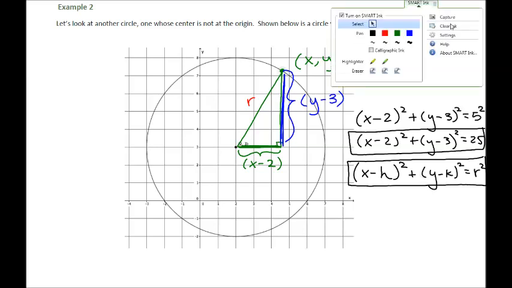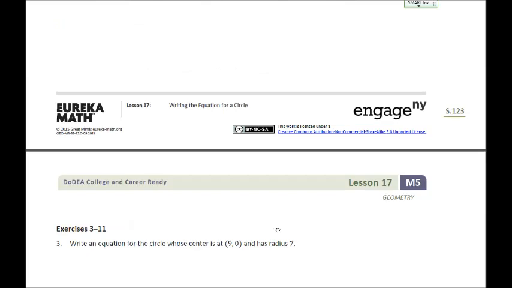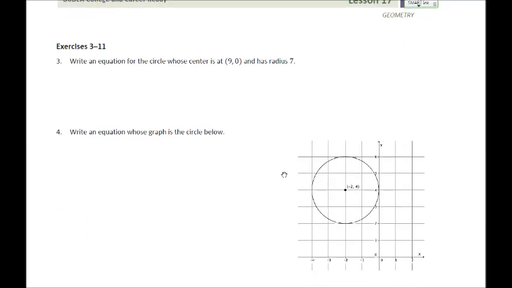Let me give you one example of using that general equation to write an equation of a circle when you're given the center and a radius. So this is Exercise 3. You're given a center and the radius. So the general equation is (x minus h) squared plus (y minus k) squared equals r squared. And you're given the center, which is (9, 0). So 9 is going to be h, and 0 is going to be k, and the radius is 7.